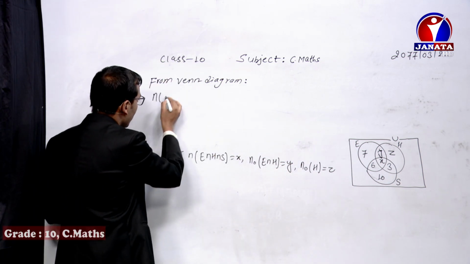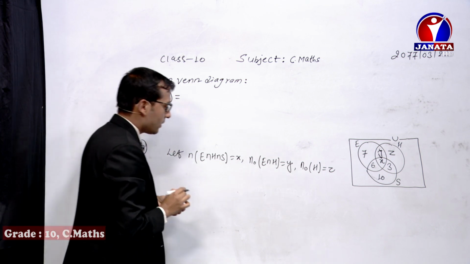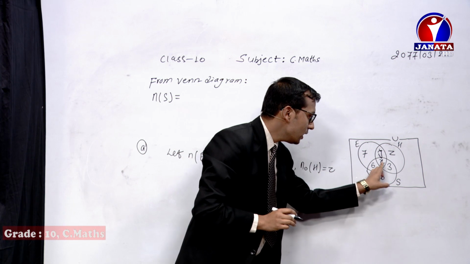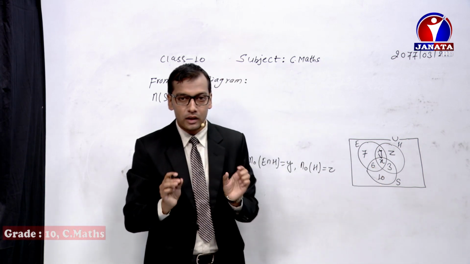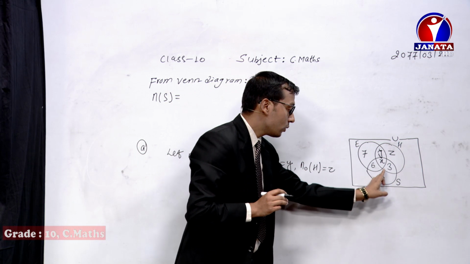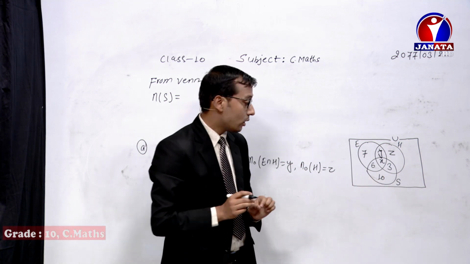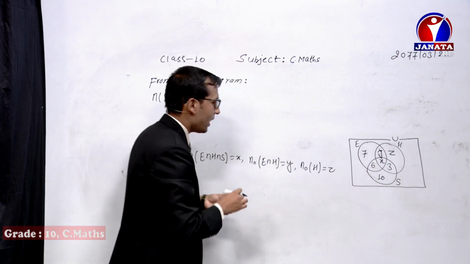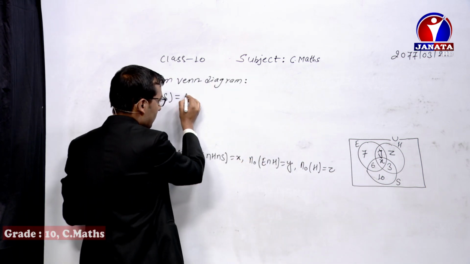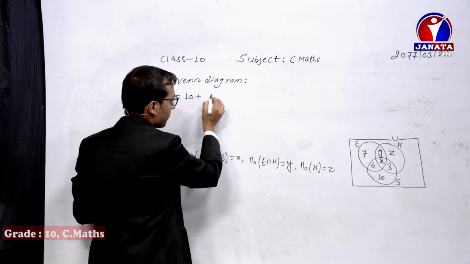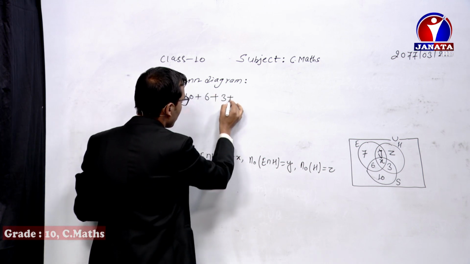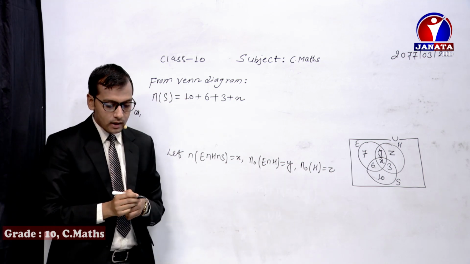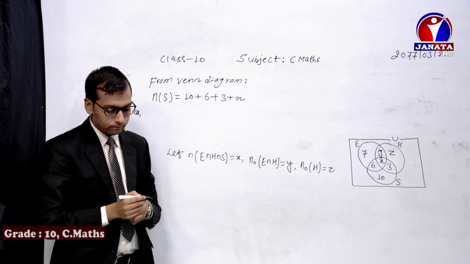So what is n of S? N of S is 10, 3, X and 6. S contains 4 different regions here, which are inserted in the diagram: 3, 10, 6 and X. So let's add all this. This is 10 plus 6 plus 3 plus X, and we know the value of n of S. What is n of S?